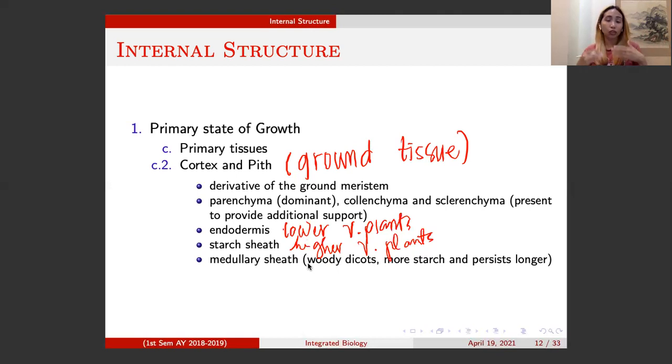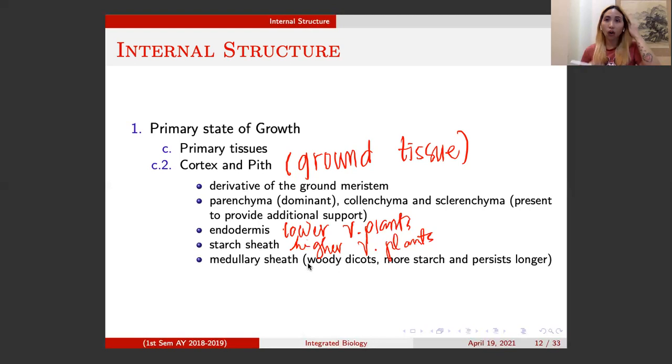In higher vascular plants, you will not find them, but some plants, not all, also have this specialized outermost layer of their ground tissue, which we call the starch sheath. The starch sheath, as the name suggests, contains starch.